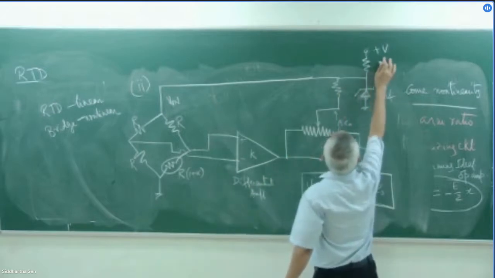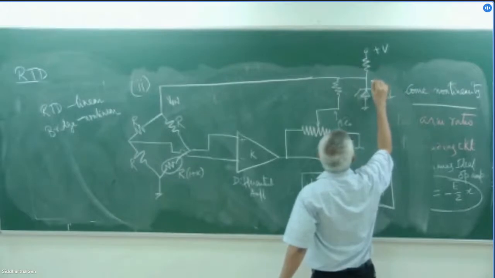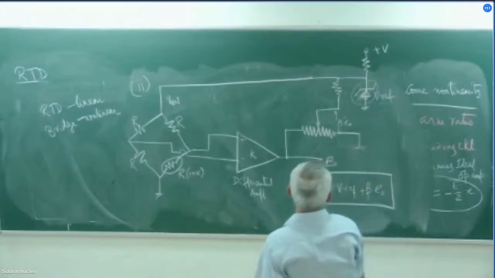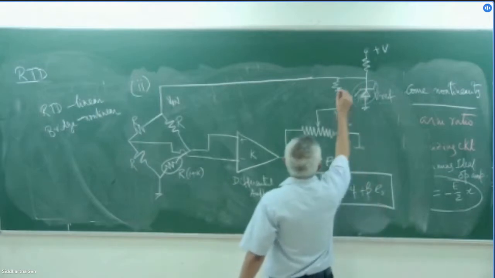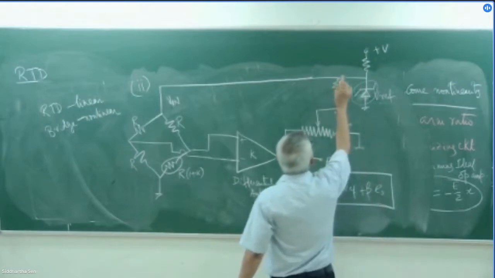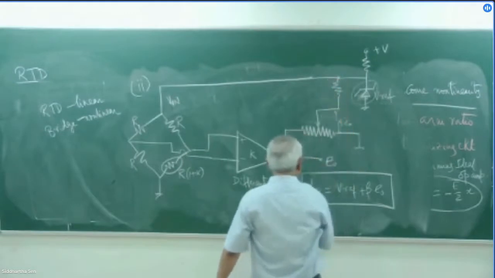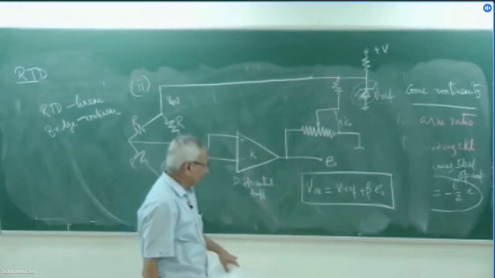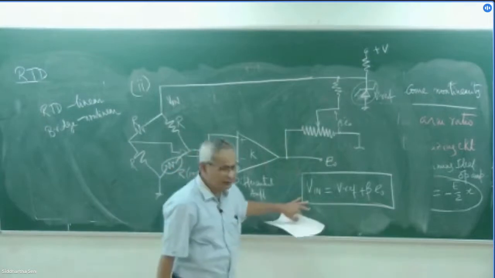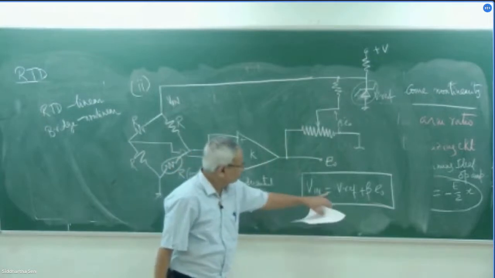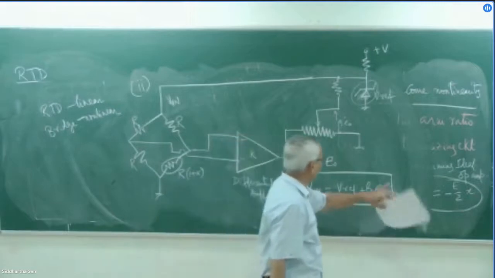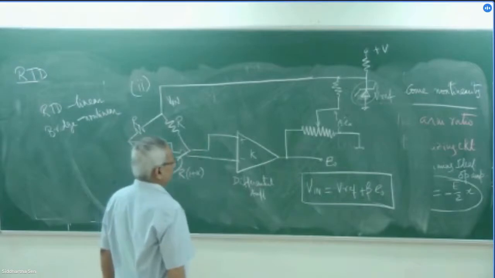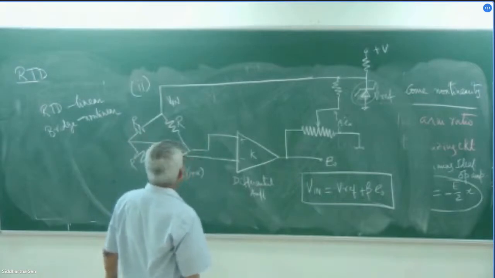Here is a supply voltage, a resistance, and a Zener diode, which gives you some reference voltage V reference. And at this point, we inject some more voltage. So this scheme is a schematic diagram, the complete scheme is not shown, but ultimately V in is equal to V reference plus beta E0.